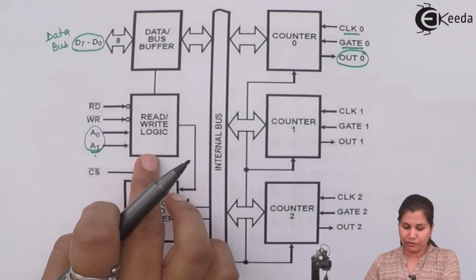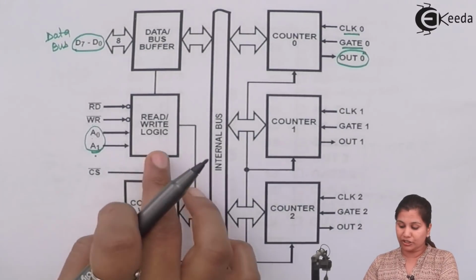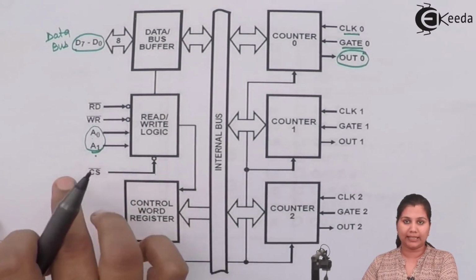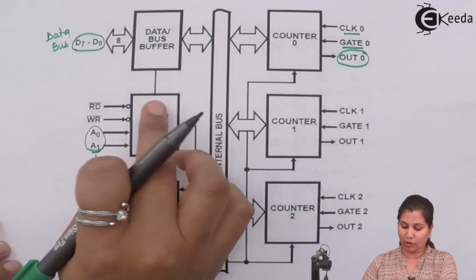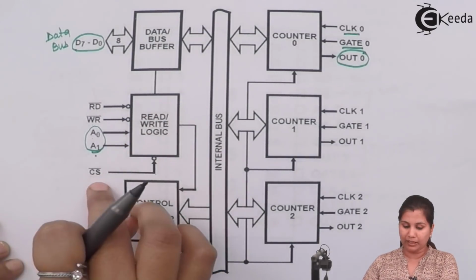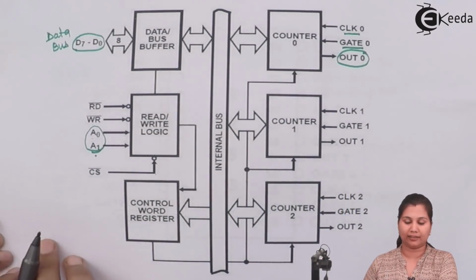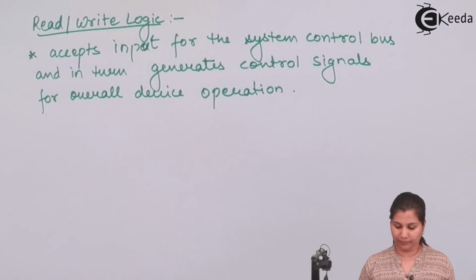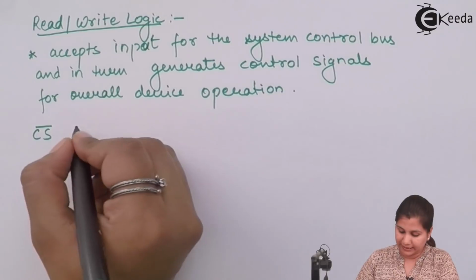So the function of the read and write control logic is decided by the chip select line. If it is enabled, then only this logic will work. If it is disabled, then no operation will occur because the chip is not selected. So the most important signal here is the chip select signal.